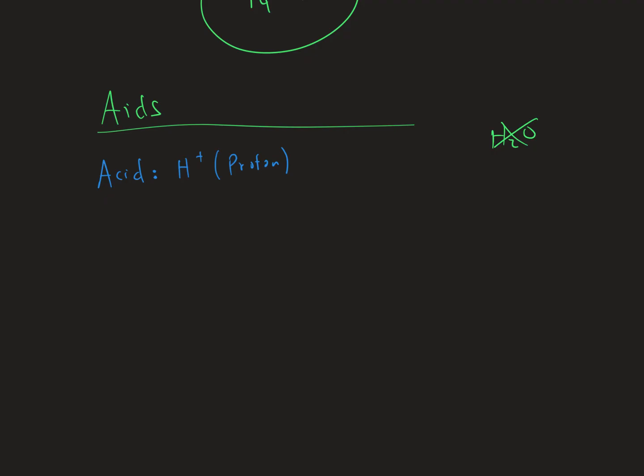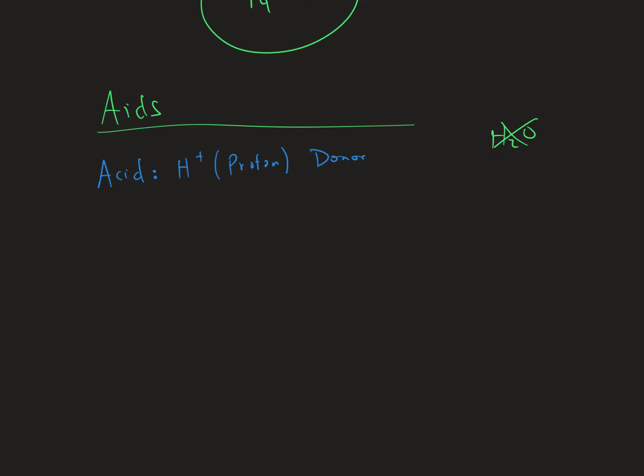So it's a hydrogen or proton donor. Why would it donate a proton? Because it has one to donate, right? If it doesn't have a proton to donate, we call it a base, but we're not going to get there right now, okay?